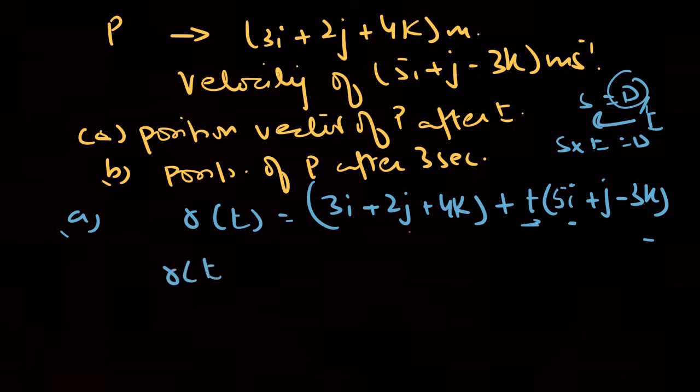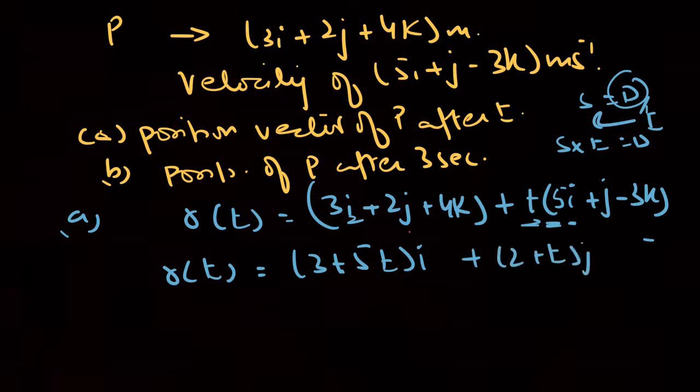So r(t) becomes (3 plus 5t)i plus (2 plus t)j plus (4 minus 3t)k. This is in meters and is the position vector after time t. I hope you guys are understanding this part because this is the crucial part that we have to look for.